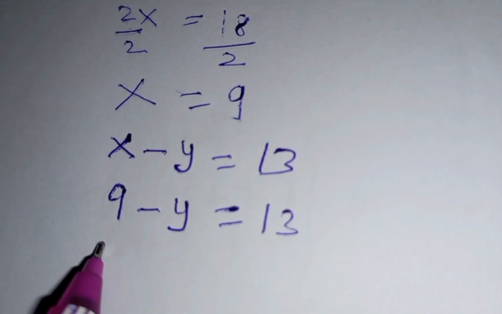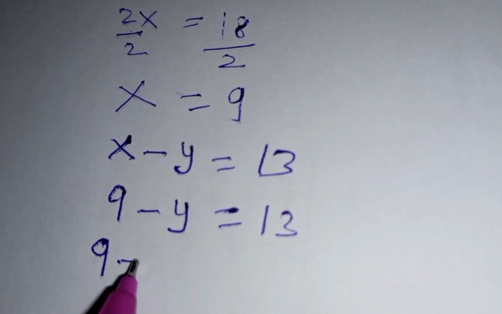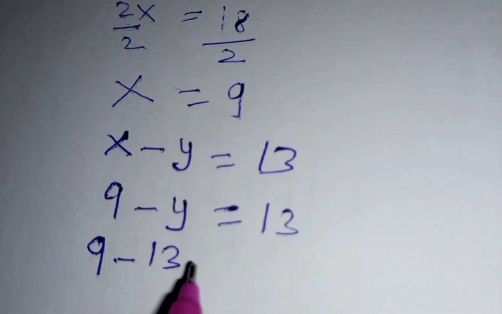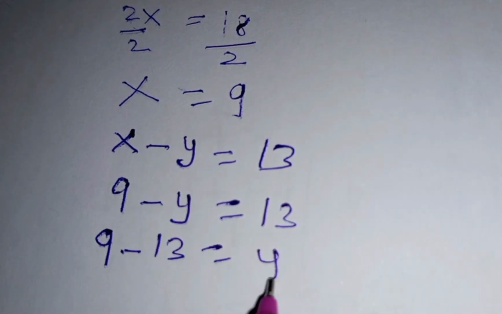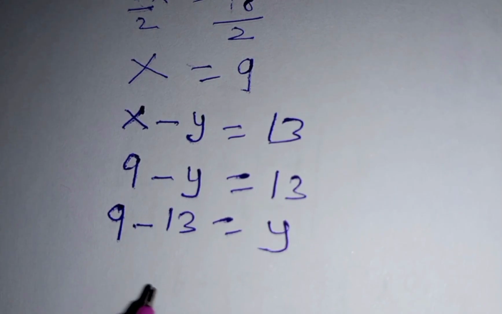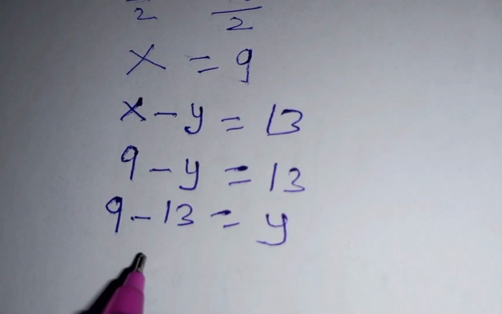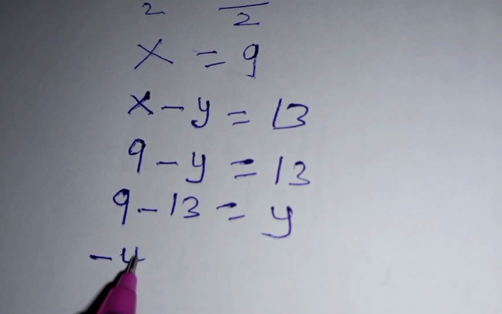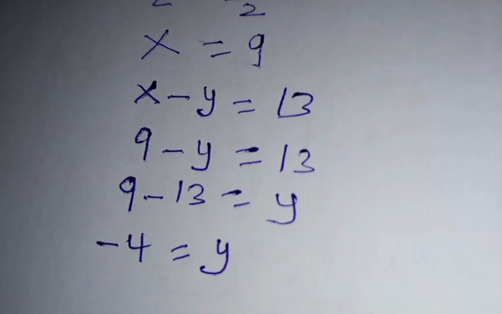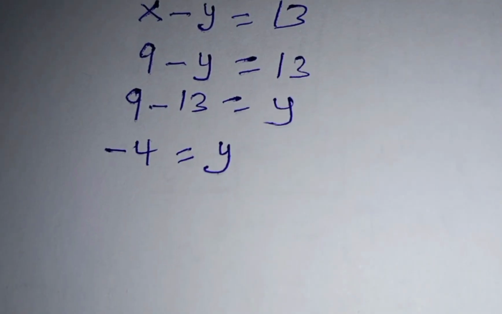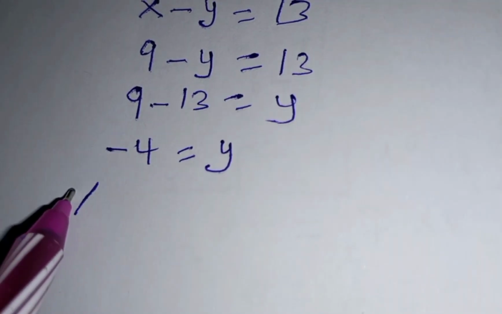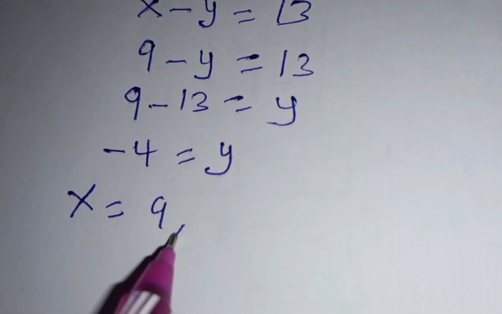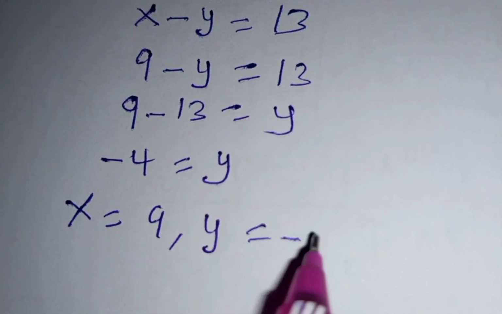Then we can take 13 to the left and subtract it, and the negative y to the right, and it becomes positive. So 9 minus 13 is negative 4 being equal to y. Which means that when x is equal to 9, the value of y is equal to negative 4.